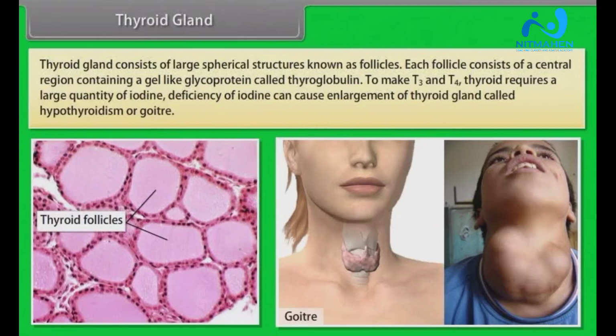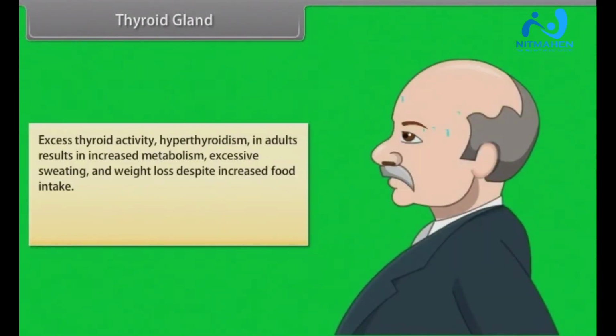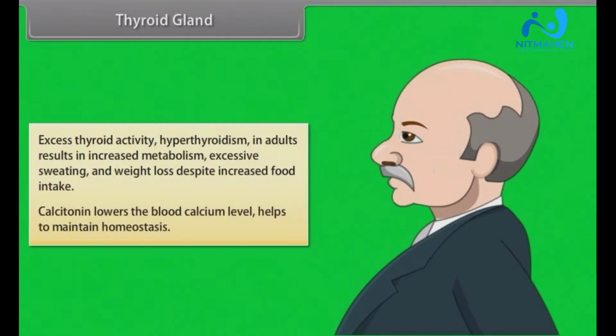Deficiency of iodine can cause enlargement of the thyroid gland called hypothyroidism or goiter. Excess thyroid activity, hyperthyroidism, in adults results in increased metabolism, excessive sweating, and weight loss despite increased food intake. Calcitonin lowers the blood calcium level, helps to maintain homeostasis.